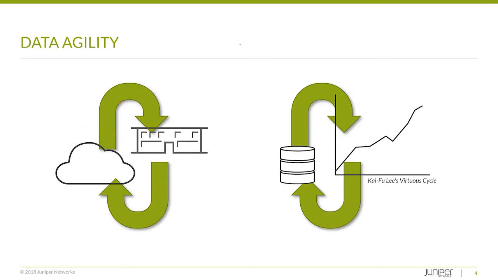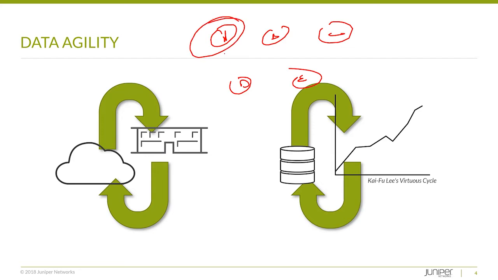Now, why does that happen? I could have applications A, B, and C, and say A, B, and C share two different databases, D and E. When A moves from on-premises to the cloud, it's going to need to access D. But when it does so, this link now becomes longer and A's performance will suffer. So the natural inclination is to pull D to the same cloud instance that A is on.